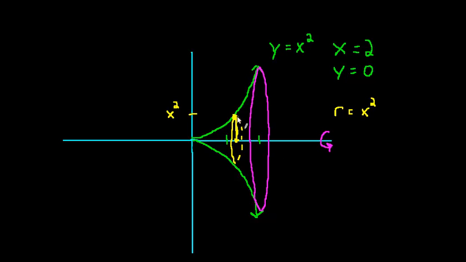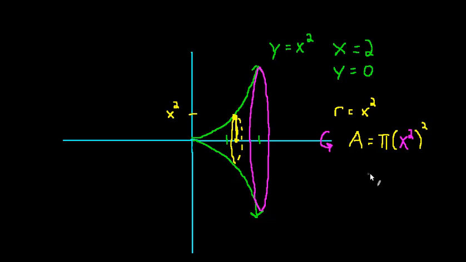Once we have the radius of this random disk, we can now think about its area. The area of a circle is pi r squared, so pi times the radius squared, and that radius in this case is x squared.